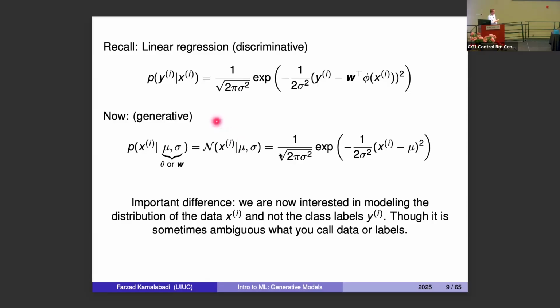Again, I've talked about this. This is the discriminative form of linear regression. The likelihood takes the form of a conditional probability of the labels given data, but that likelihood function changes its form when we are dealing with generative models, in the sense that it's the probability of the data itself conditioned on those parameters.